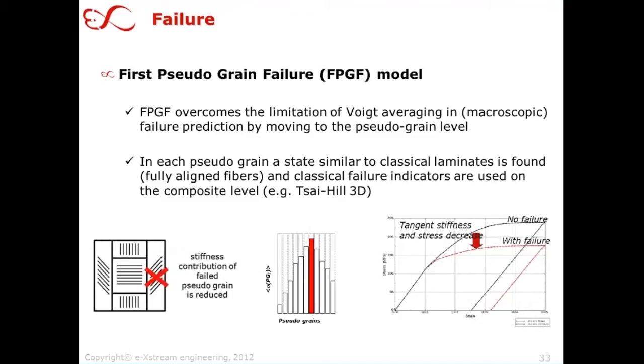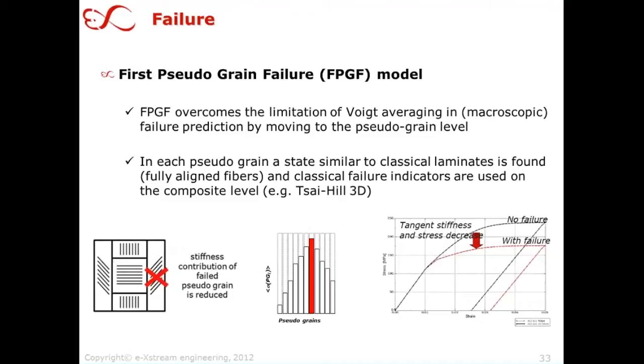In each pseudograin, a state similar to classical laminates is found. Each pseudograin, of course, contains fibers which are fully aligned, and here you can use failure indicators as you're familiar with from classical laminate theory. These we use on the pseudograin level, but to predict the failure of the composite itself.